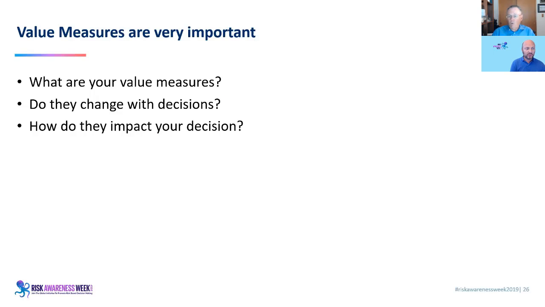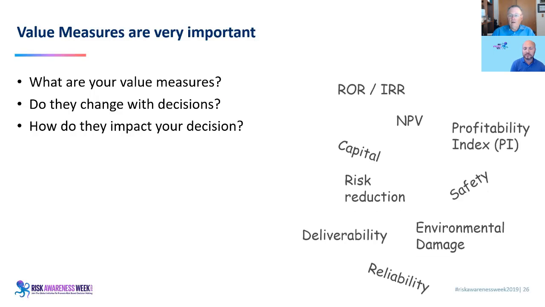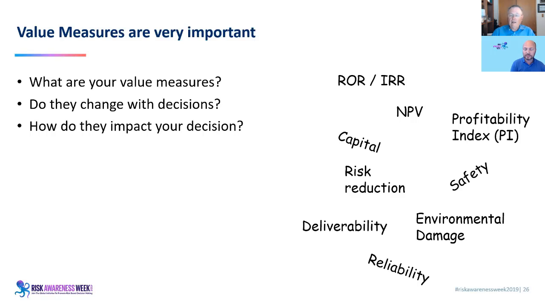Value measures are important, and there's a number of them. What I'd like to do in this video is to talk about profitability index, and profitability index is the ratio of NPV divided by the discounted capital. And I think it's a better metric than NPV, which is oftentimes used, because NPV is really a measure of how big something is.